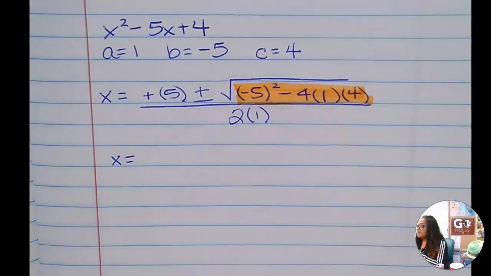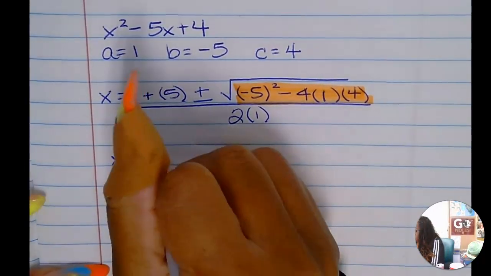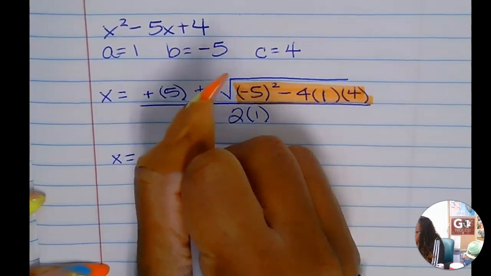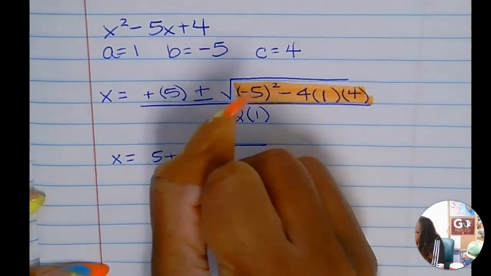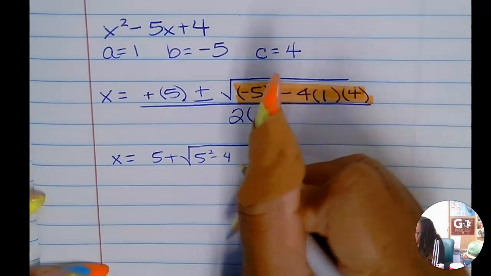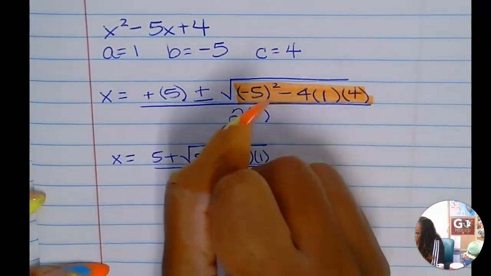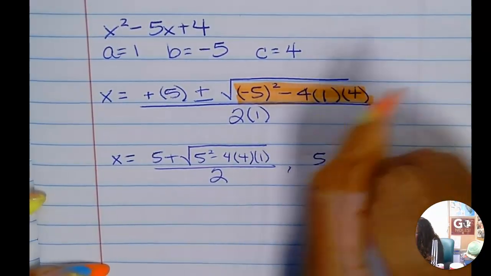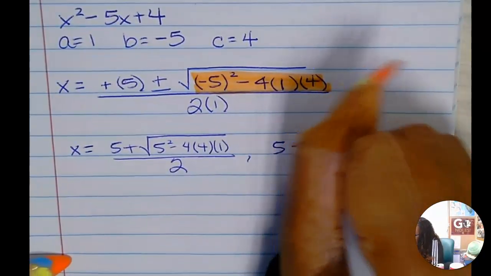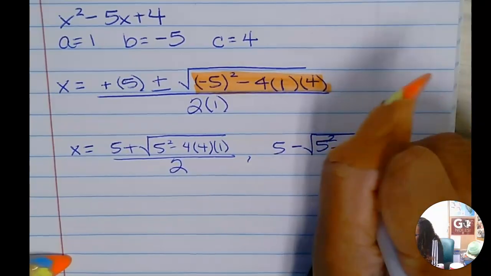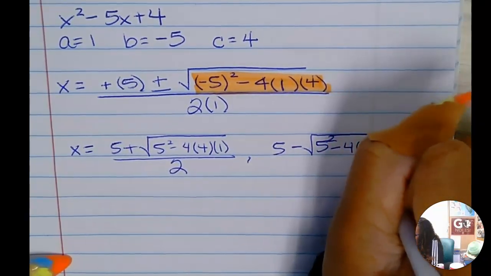You can put this whole thing in Desmos. So you're going to put 5 plus the square root of 5 squared minus 4 times 1 all over 2. And then 5 minus square root 5 squared minus 4 times 1.